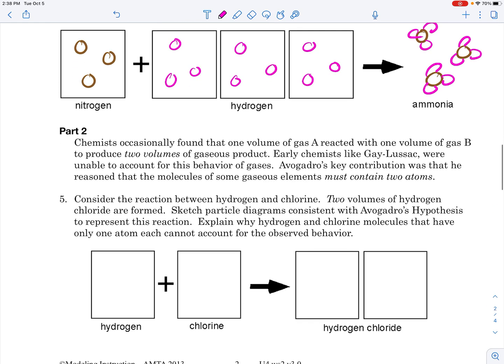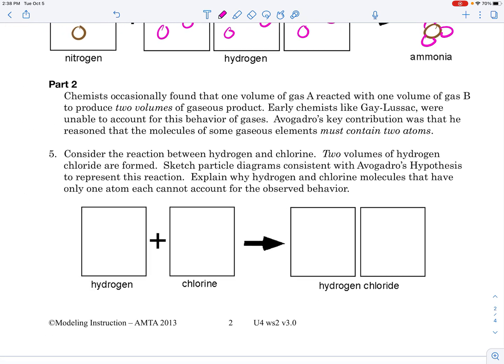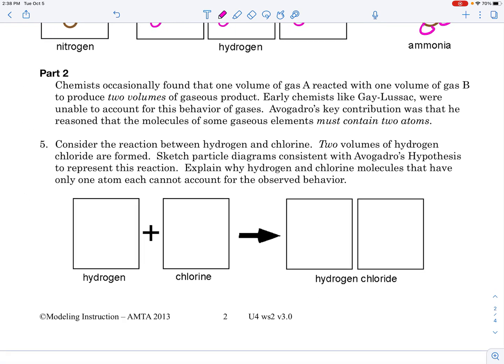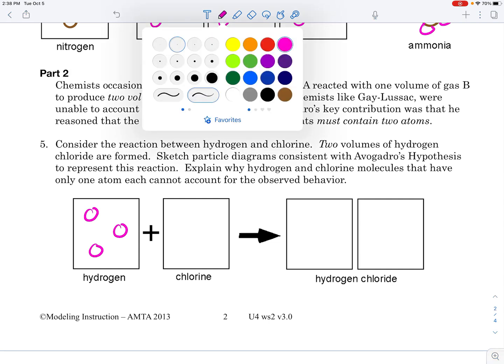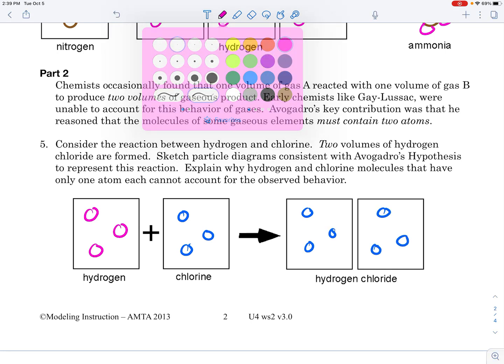Part 2, we're going to start making some changes, because when scientists did these reactions, they found out that, for instance, with the hydrogen and chlorine reaction, you actually made 2 volumes of hydrogen chloride. So if we do this and we take our chlorines, 2 volumes of hydrogen chloride were made.